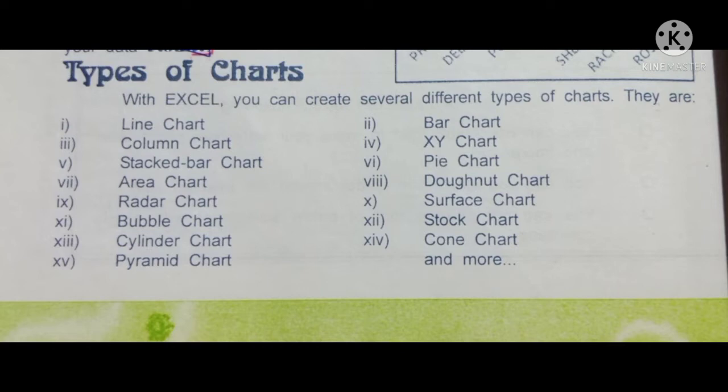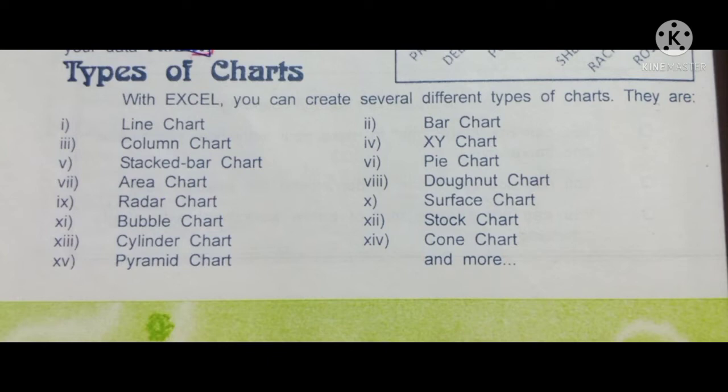They are as follows: line chart, bar chart, column chart, XY chart, pie chart, area chart, donut chart, radar chart, surface chart, bubble chart, stock chart, cylinder chart, cone chart, pyramid chart, and more. So these are some types of charts available in Microsoft Excel.